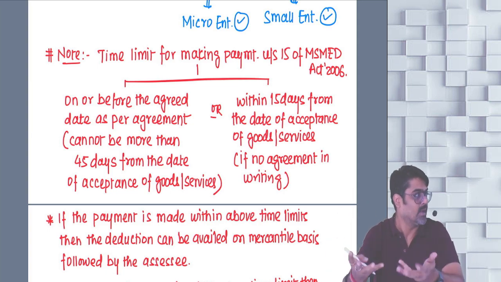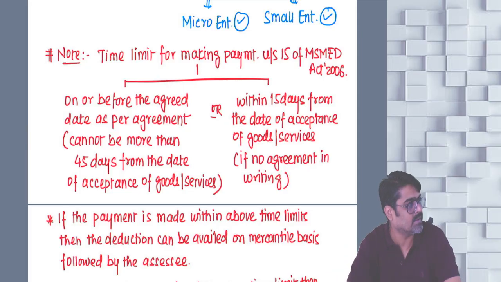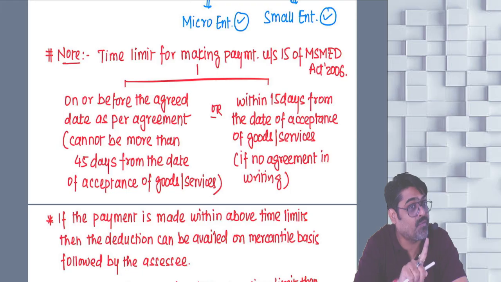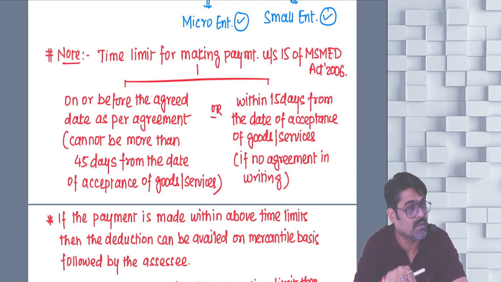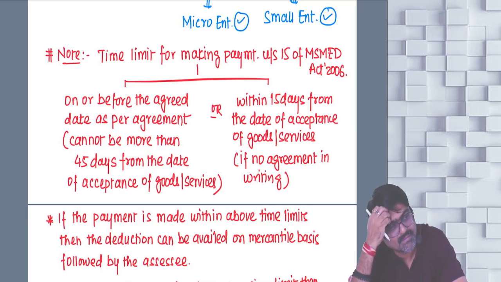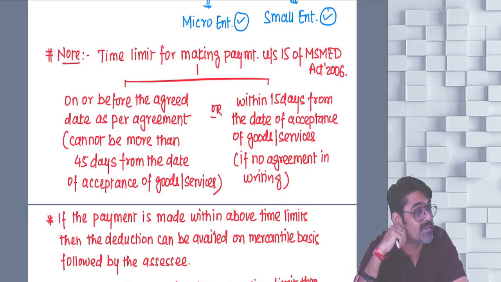And for that, you both have entered into an agreement. In that agreement, if the period is specified, then within that period the payment must be made, and that period should not be more than 45 days. Understanding? And if there is no agreement, then within 15 days.